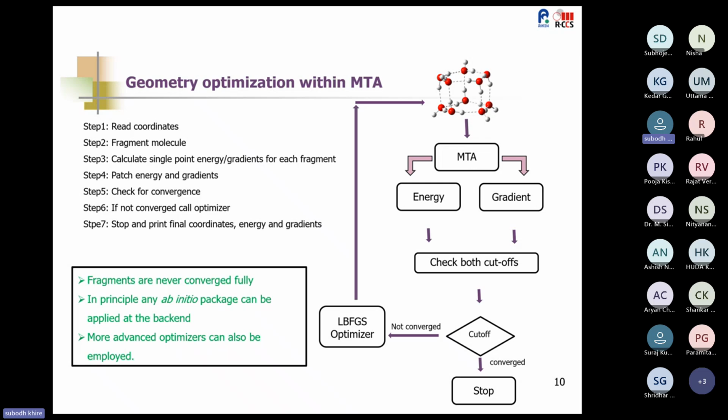Of course, there are several optimizers we can definitely employ at the backend using the MTA, and we have used LBFGS right now. This will be given to the optimizer, and the optimizer will give you the new geometry using the gradient and the energy. Likewise the geometry optimization module proceeds, and the job stops when all gradients and the energy are below the cutoff. The geometry is not moving much if the gradients are too small.